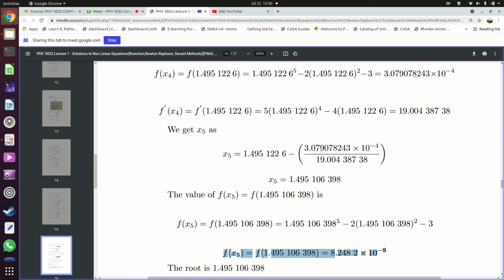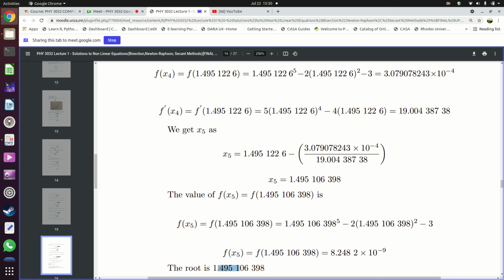Much, much smaller. So in this case, as far as I'm concerned, you could pick your x5 as a solution, which is what I've done here, 1.495106398. Well, basically, you can just pick a solution up to this point here, up to 4 decimal places.